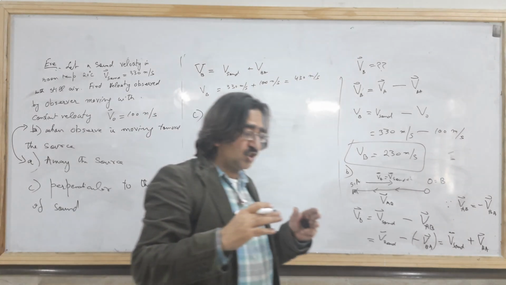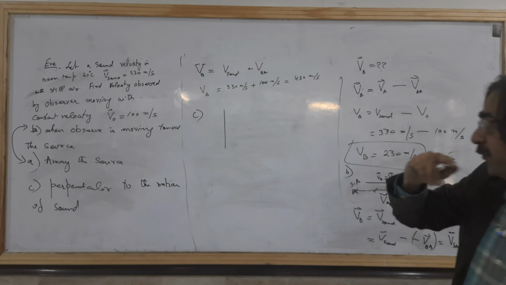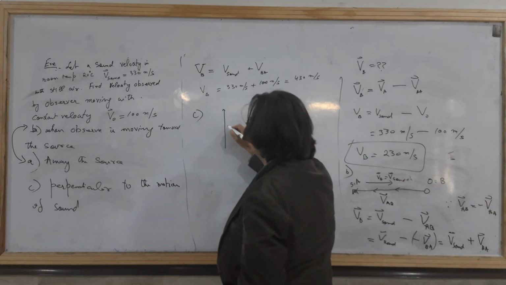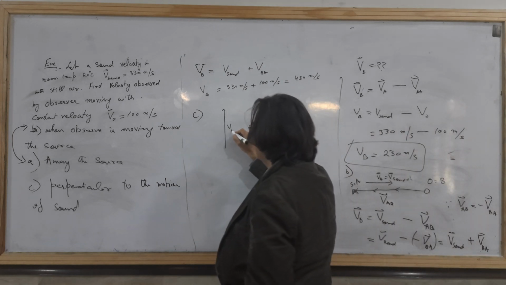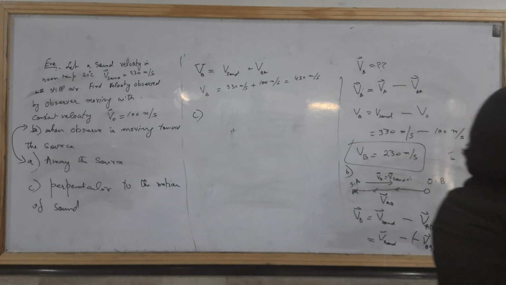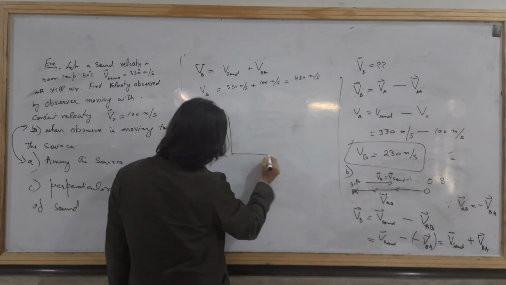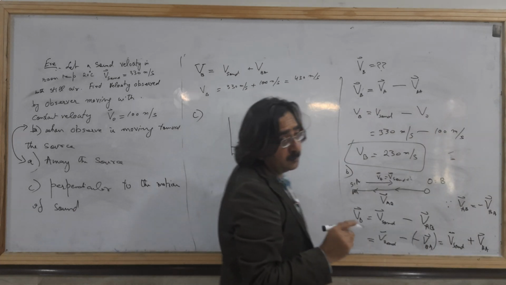My claim is that the observer is moving upward. If I consider that the observer is moving upward, then if two things are moving perpendicular, they will make an angle of 90 degrees with each other.